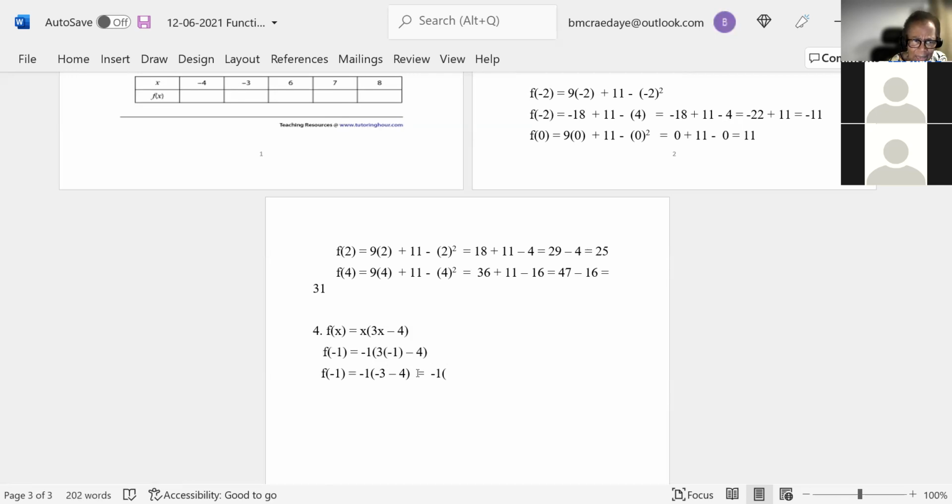No, no, you add the negatives. -7. I got -8. I don't know where I get it from. Because a 3 times a -1 is a -3. So in parentheses, you have -3 and a -4. You add the negatives, you get -7. Outside the parentheses, you have a -1. So Chastity, what's a -1 times a -7?